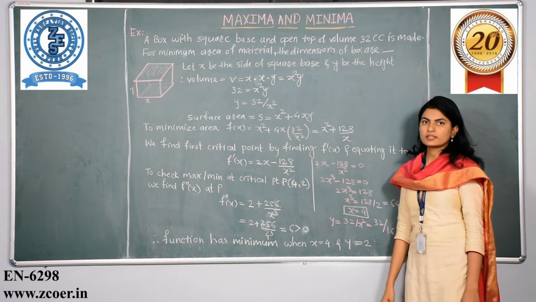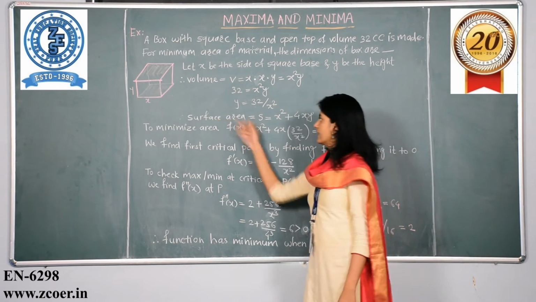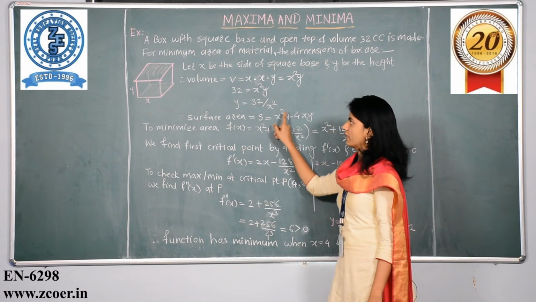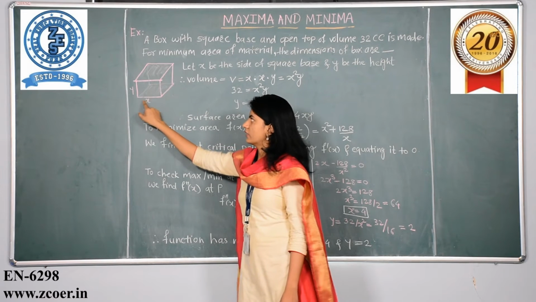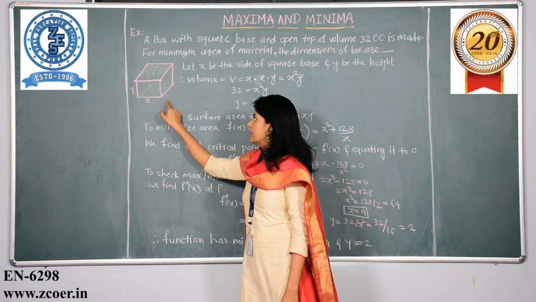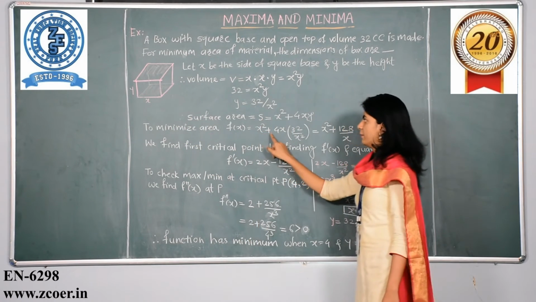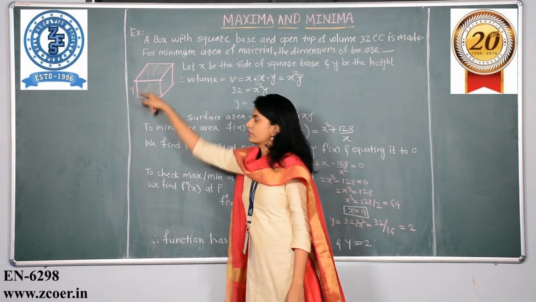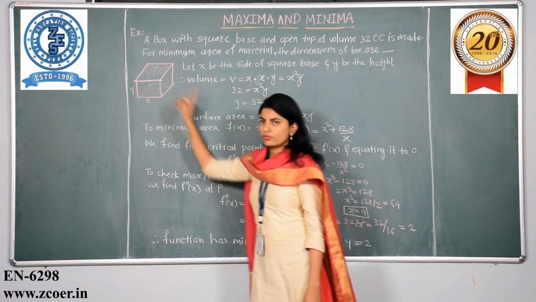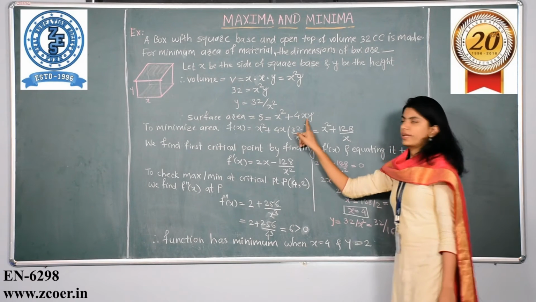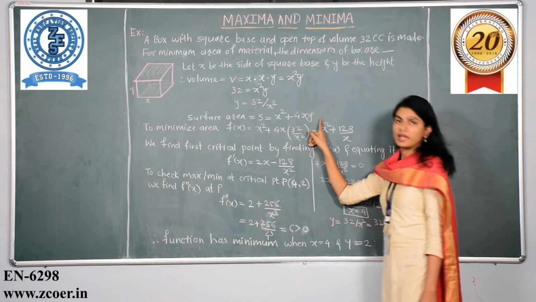Now you know the formula for the calculation of surface area. Surface area is equal to x square, because there is a base with x as the length and breadth. So x into x becomes x square, plus there are 4 sides available with the box. These 4 sides are x into y into 4, so it becomes 4xy. So surface S is equal to x square plus 4xy.